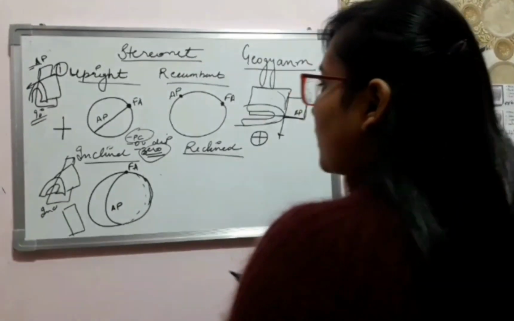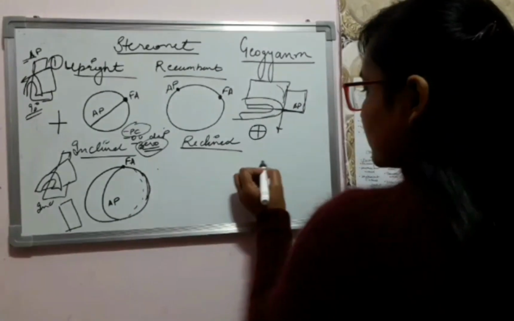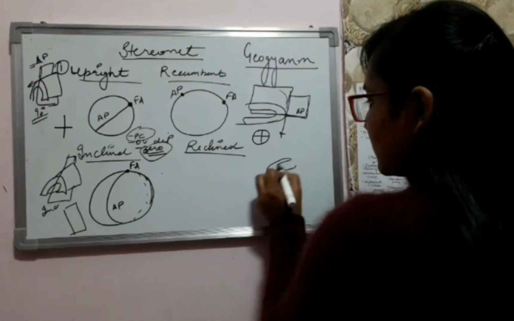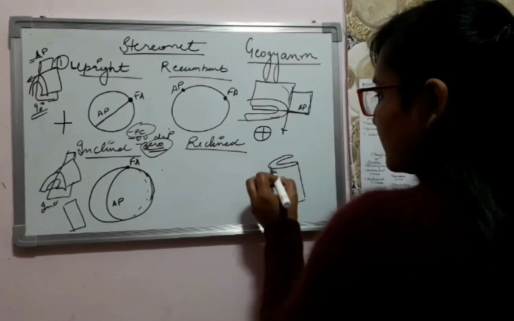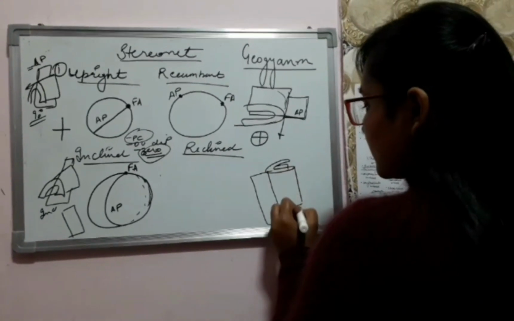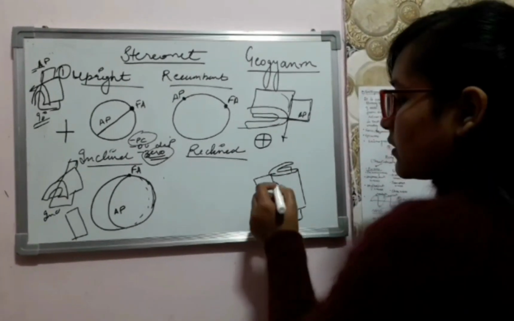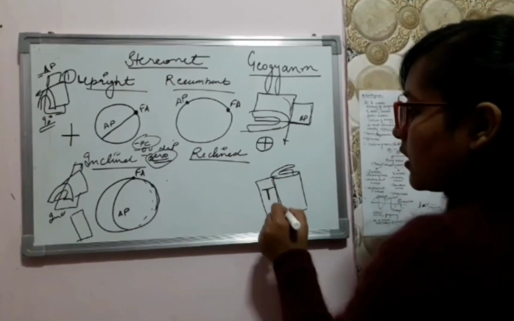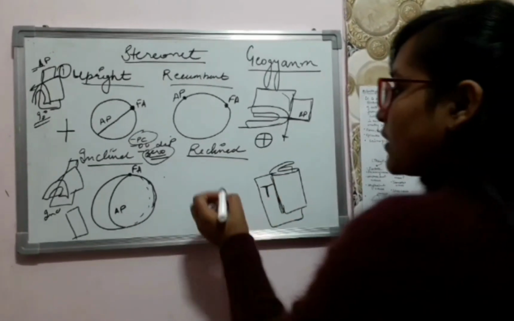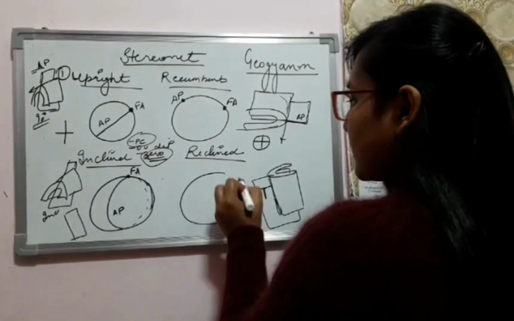Okay, what about reclined fold? So you can see that the pitch of the fold axis lies approximately 90 degree. So reclined fold will plot like this.